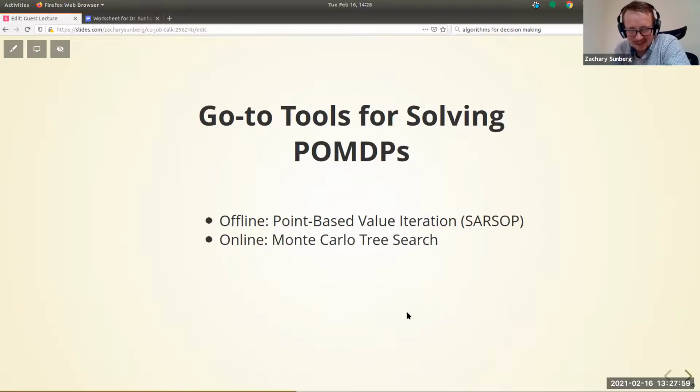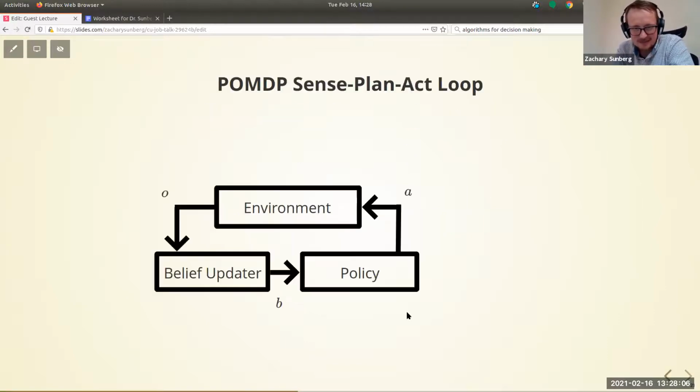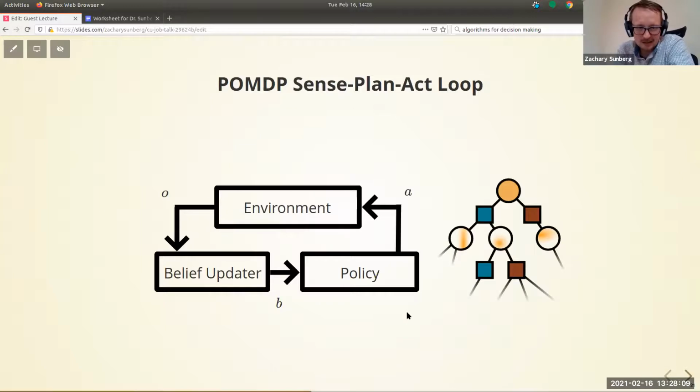What I'm going to focus more on is online, where we use the same Monte Carlo tree search algorithm, but slightly modified. To talk about how it's modified, we can remember we've got this environment, we've got the belief updater, and then we've got the policy. In an online algorithm, instead of having a pre-computed policy, we create one of these trees at every time step to get an idea of what we should do at the current belief.